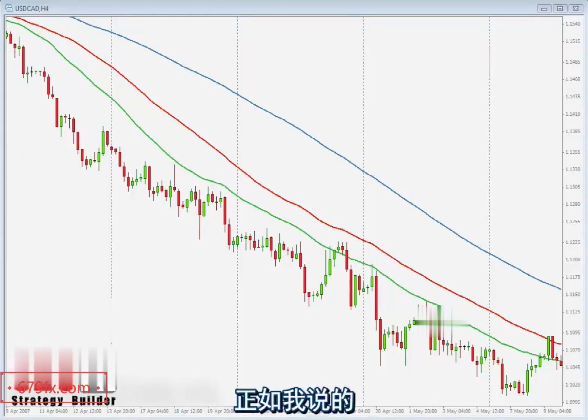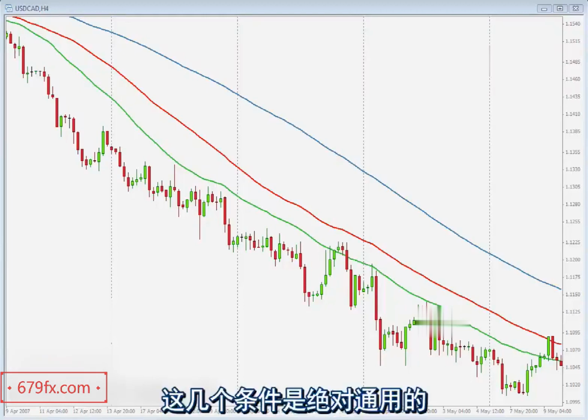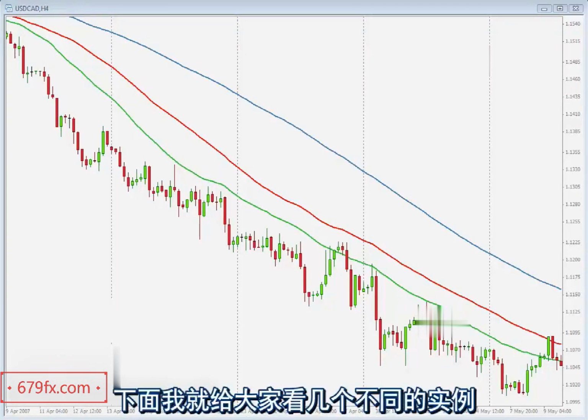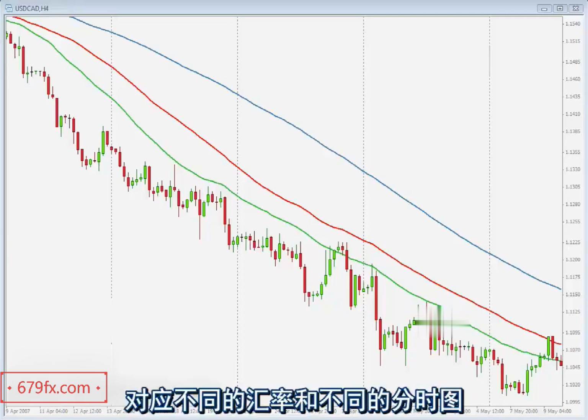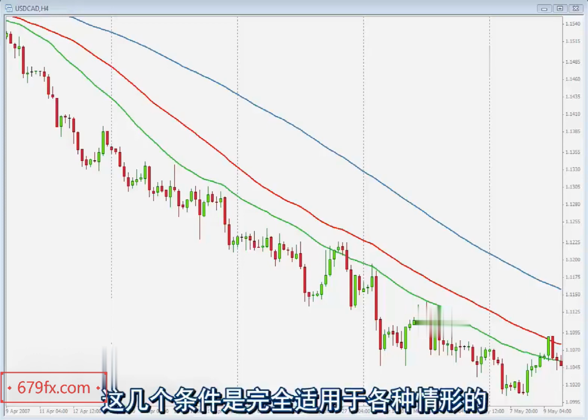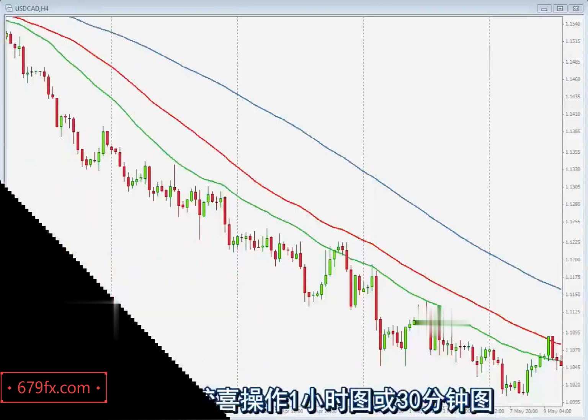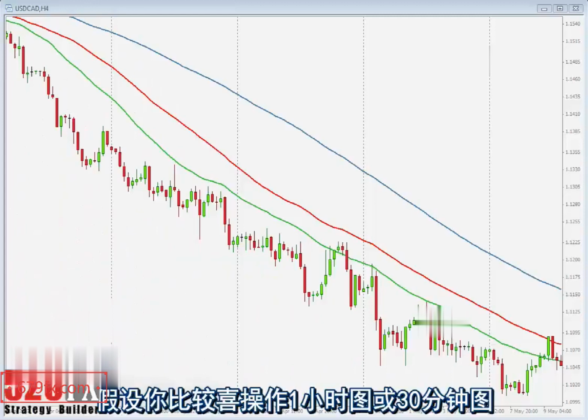Like I said, it's a universal principle. Okay, now I'm going to be showing you different examples of different currency pairs on different time frames, and you will see how these principles, all these conditions apply equally to all of them. Okay, and once they apply, for possible trading opportunities on the hourly time frame or the 30 minutes time frame.